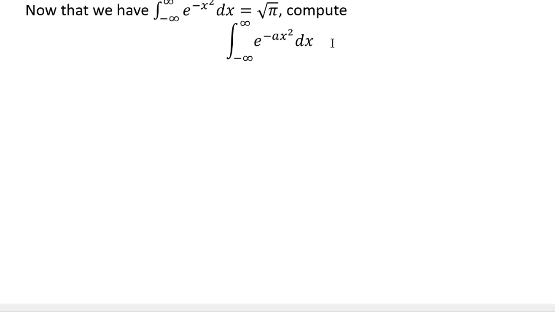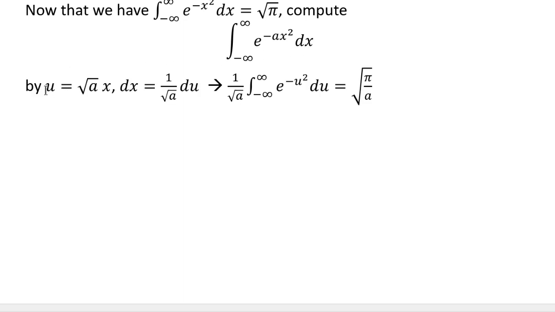All right, but let's try to do this integral. This one is not that hard because you just have to do u substitution with u equals the square root of a x. This becomes negative u squared, because if you take u squared, you end up with a times x squared. So this much is exactly u squared. Then if you take d of both sides and divide by square root of a, you end up with dx equals 1 over square root of a du.